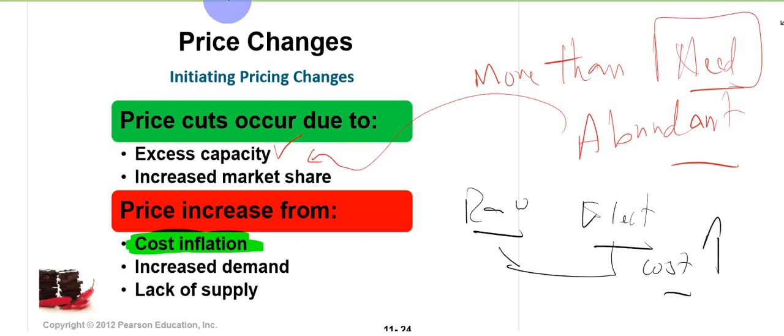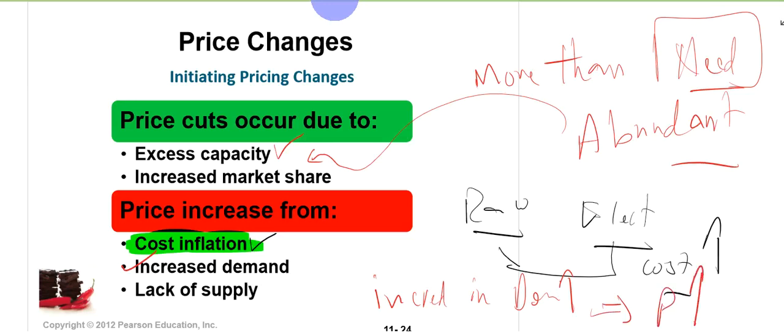And when we have a higher cost of the product, then we will certainly increase the price of the product. Then number two, when there is an increase in demand, then companies will increase the price.